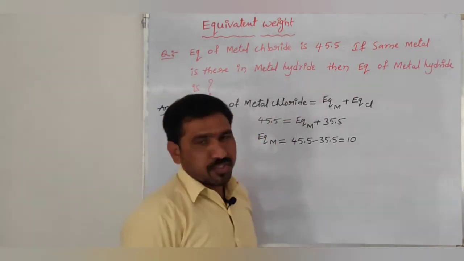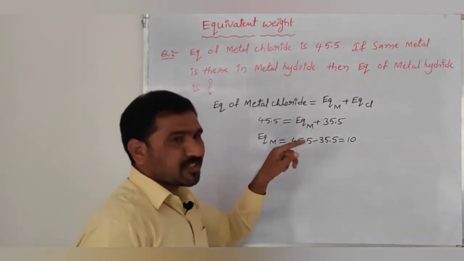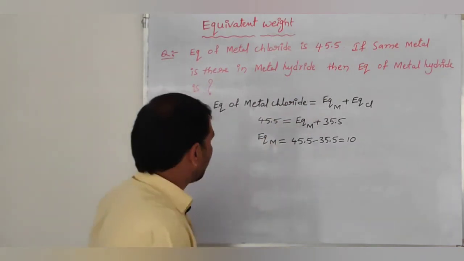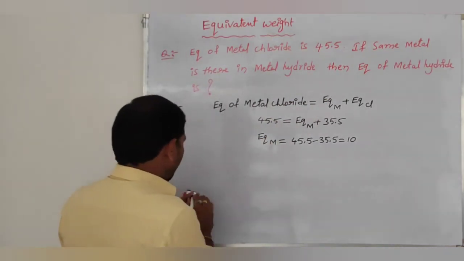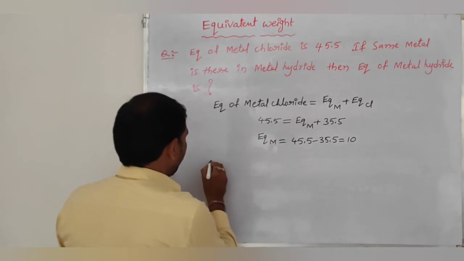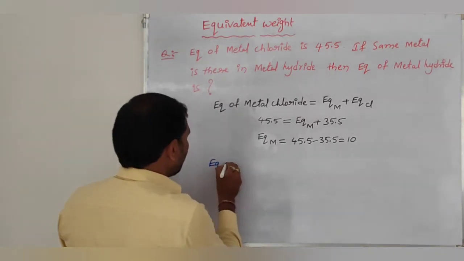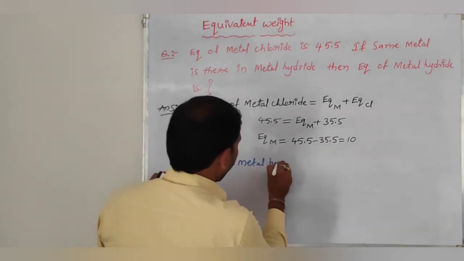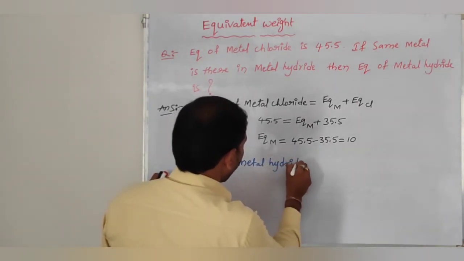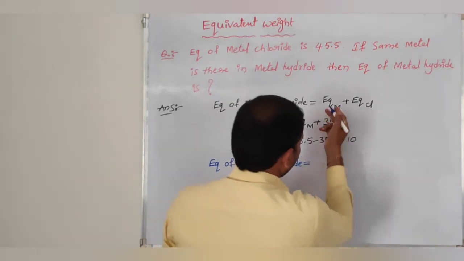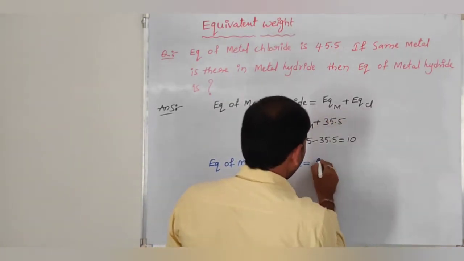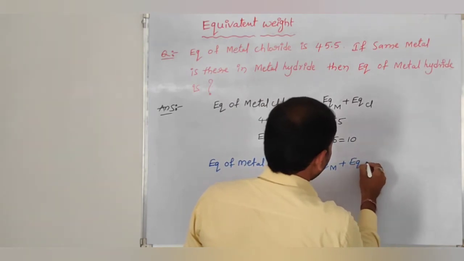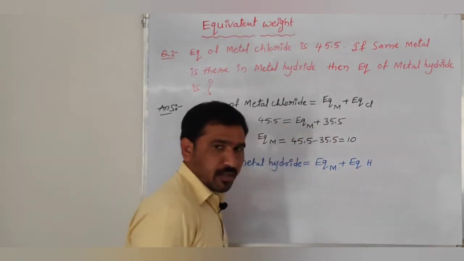With respect to the question, the same metal which is present in chloride is also there in hydride. Therefore equivalent weight of metal hydride is equal to, with respect to this formula, equivalent weight of metal plus equivalent weight of hydrogen, right?